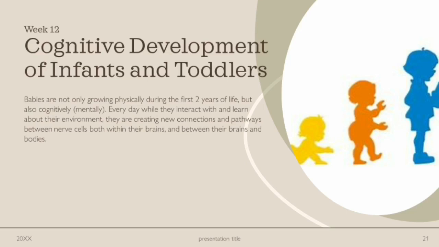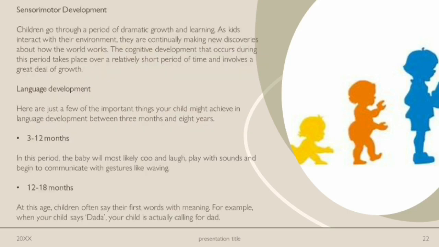Babies are not only growing physically during the first 2 years of life, but also cognitively. Every day, while they interact with and learn about their environment, they are creating new connections and pathways between nerve cells, both within their brains and between their brains and bodies. Sensorimotor development.